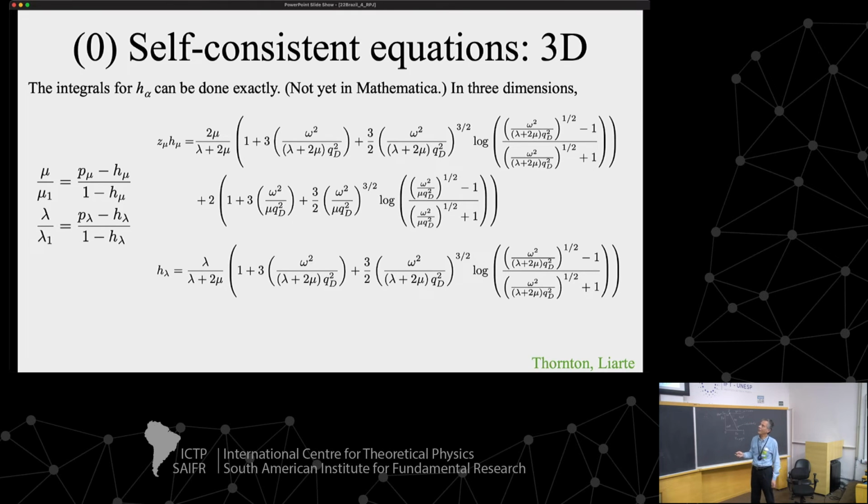But whatever it is, you take mu over mu1, you get a relation which is p mu, the probability of not punching a hole in mu, with this function on the right-hand side plugged in for h. All right.